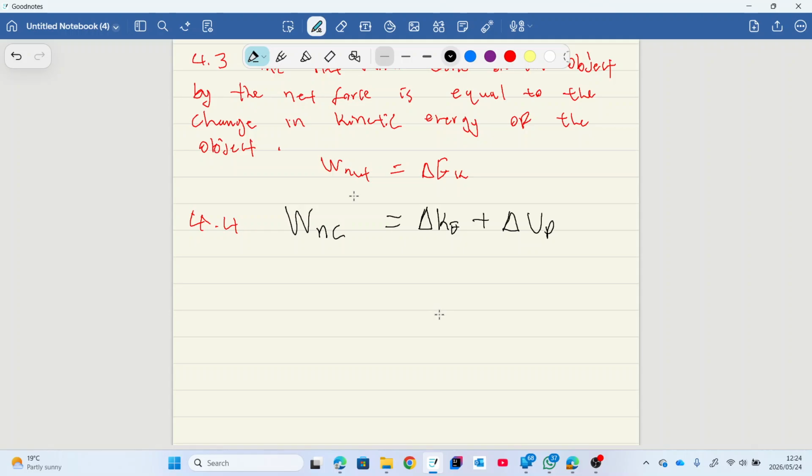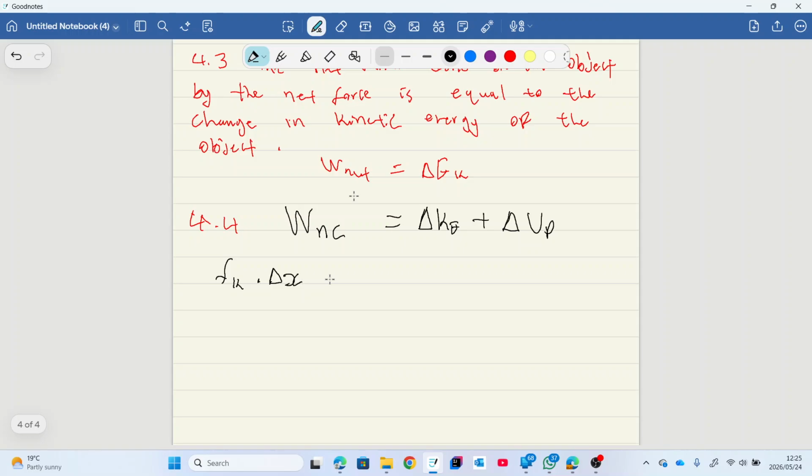Okay. Now, work done by NC will be the work done by the kinetic frictional force. So it's going to be Fk multiplied by the change in x.